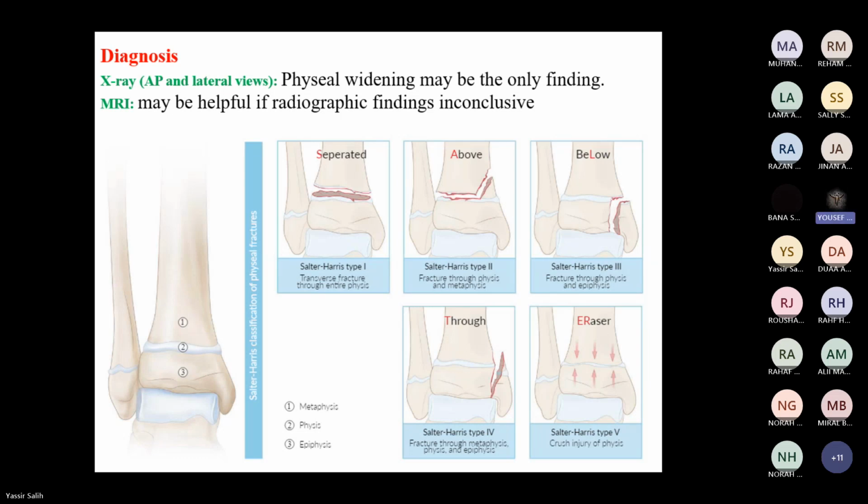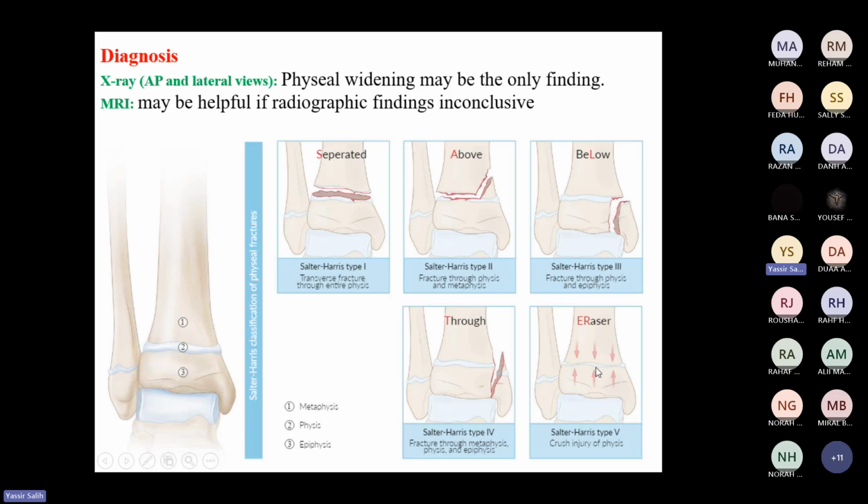It is crushed, as if pushed together. The cartilage here is crushed compared to the cartilage here. So if we do an X-ray, what do you suspect on the plain X-ray for this patient in type 5? The X-ray looks normal, but there is crushing of the cartilage.